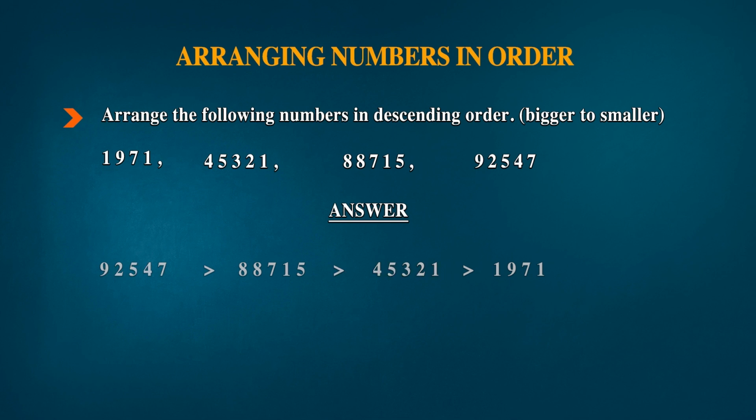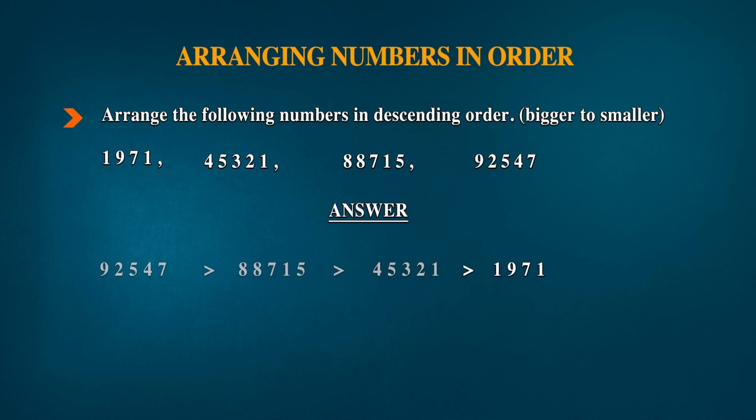So, 1971 is the smallest of the given numbers, and while arranging in descending order, it will come at the 4th place. Now, we have to look for the greatest number out of 92547, 88715 and 45321.